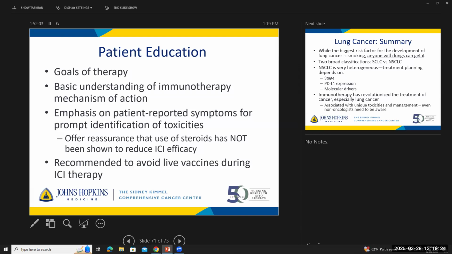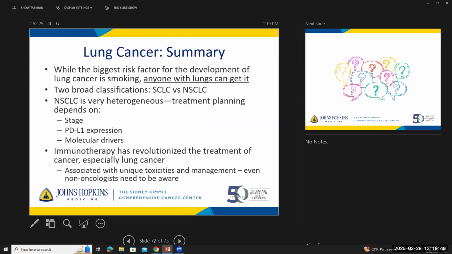And you want to emphasize how important it is for them to promptly report symptoms. If we quickly identify toxicities, we can prevent them from becoming fatal. And you want to offer your patient reassurance that if we have to start steroids, it doesn't reduce the effectiveness of their cancer treatment. Also important to avoid live vaccines during immune checkpoint inhibitor therapy.